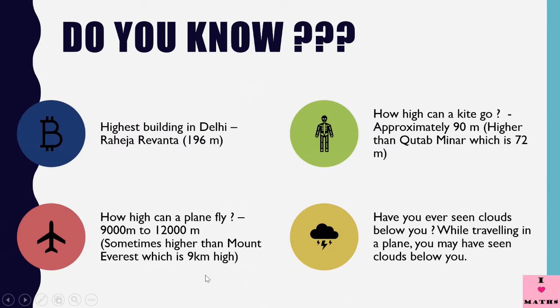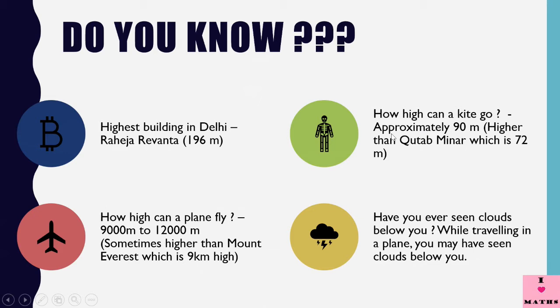Okay. Now, do you know that the highest building in Delhi is Raheja Revanta? It is 196 meters high. And do you know how high a kite can go? Approximately 90 meters high.